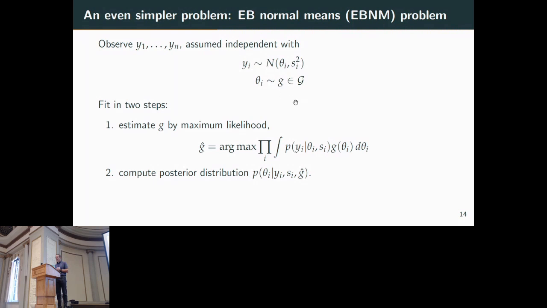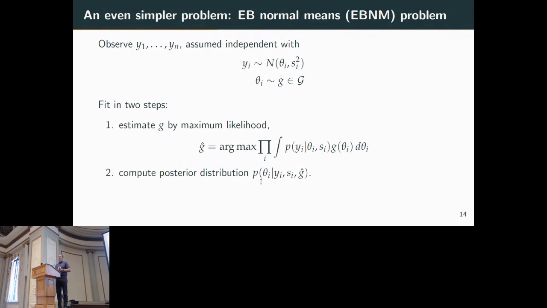Okay. So the idea, again, is if the true thetas are very sparse, then hopefully the estimated G will reflect that and be very sparse. And so then this posterior distribution will reflect the sparsity of the estimated G, and so the estimated thetas will also be sparse. That's the essence of this one.